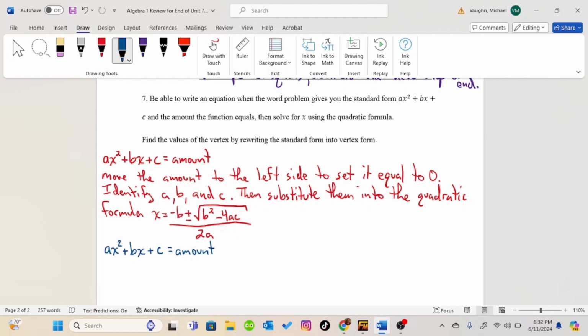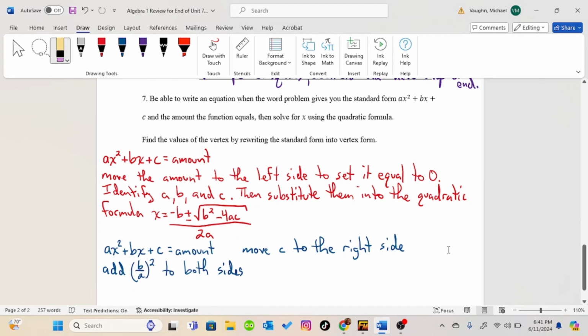You will move c to the right side, add b divided by 2 squared to both sides, and once you've added b divided by 2 squared to both sides, rewrite as a perfect square.